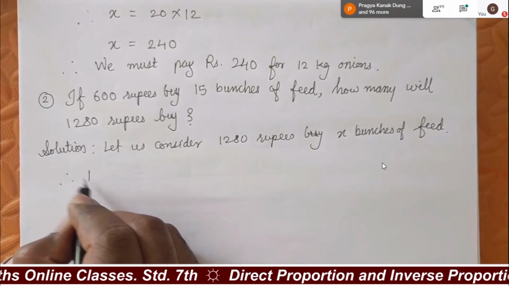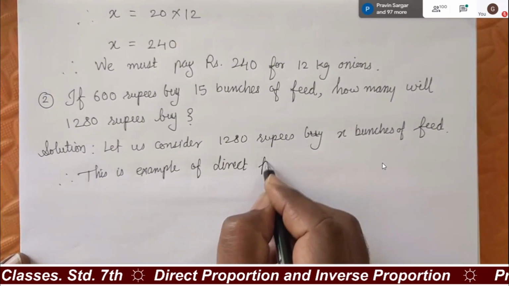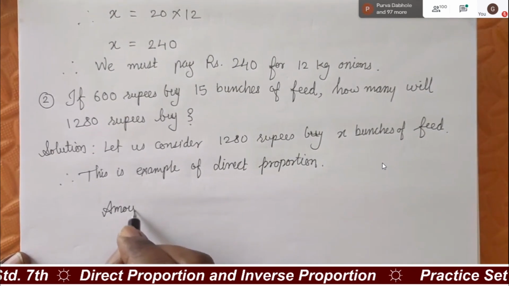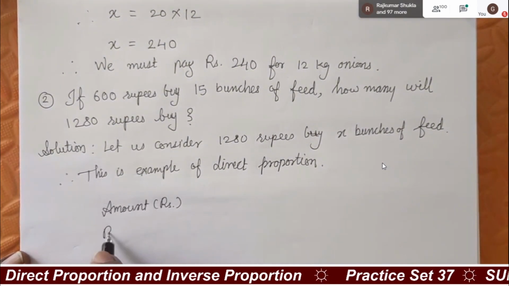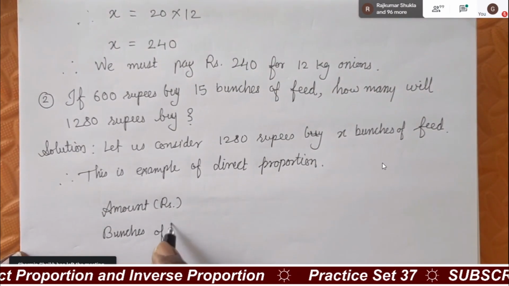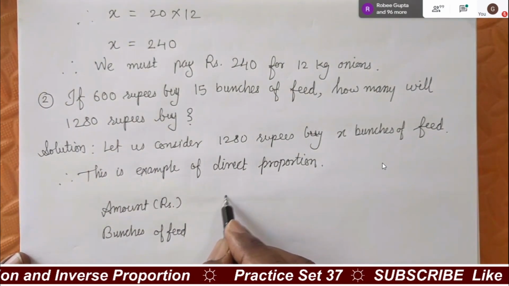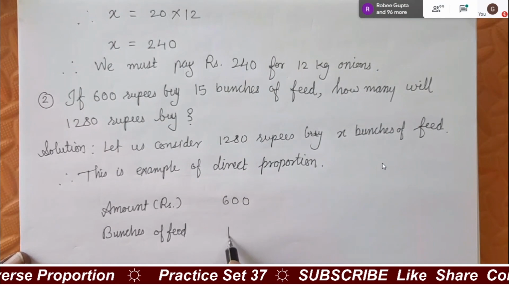Second statement we have to write. This is an example of direct proportion. Here we will write down amount in rupees, and second we will write down bunches of feed. First, 600 is there, so we write 600. How many bunches are we getting? 15 bunches.